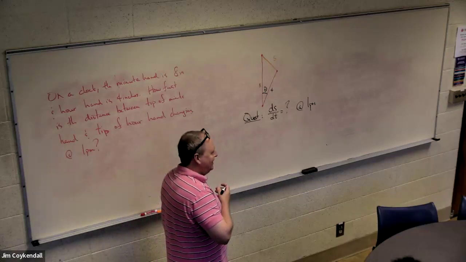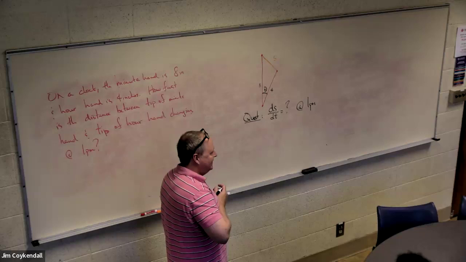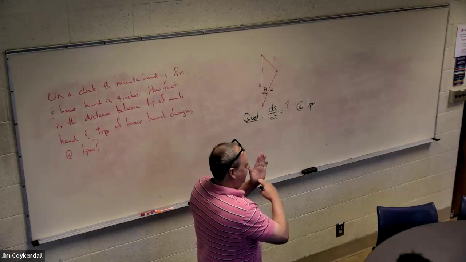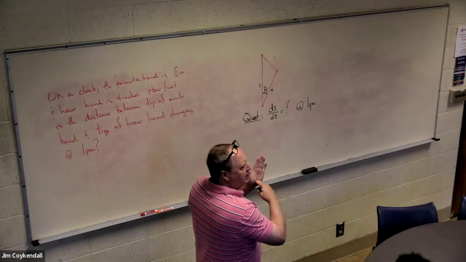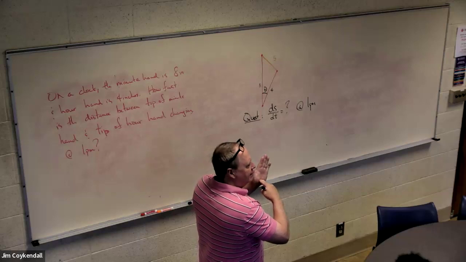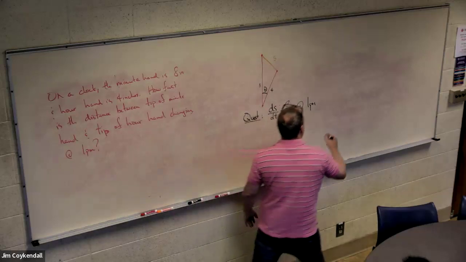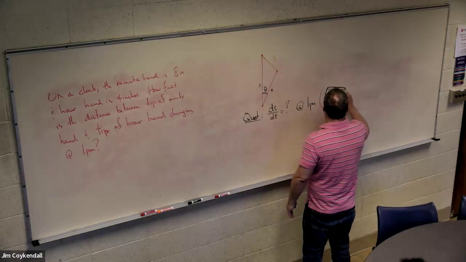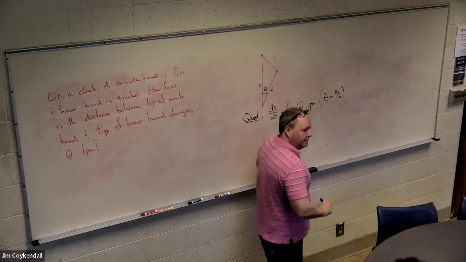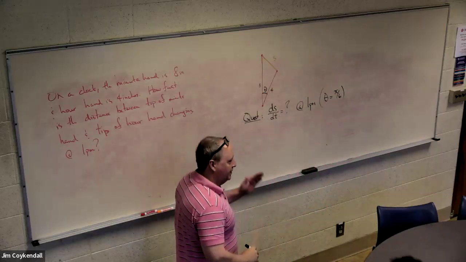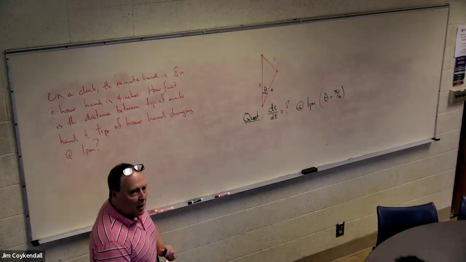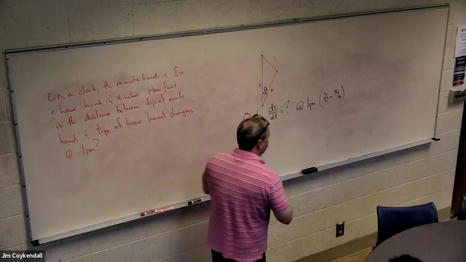What's the angle between minute and hour? 90 degrees. No, at 1 o'clock it's 30 degrees. 12, 1, 2, 3. Okay, what are y'all thinking about this?